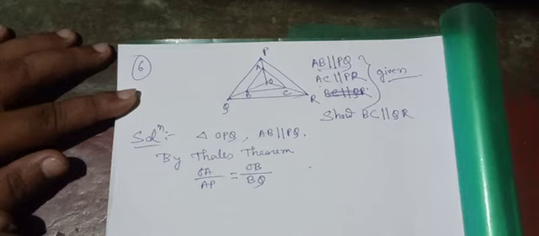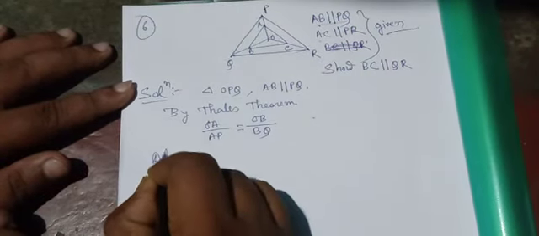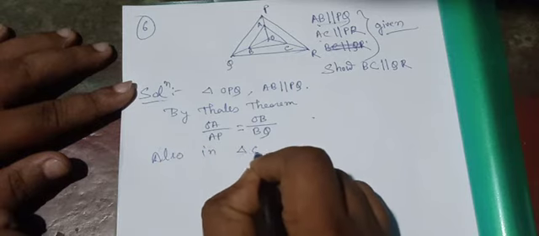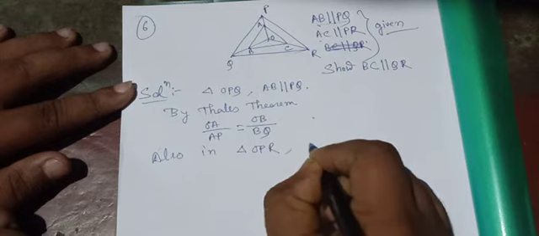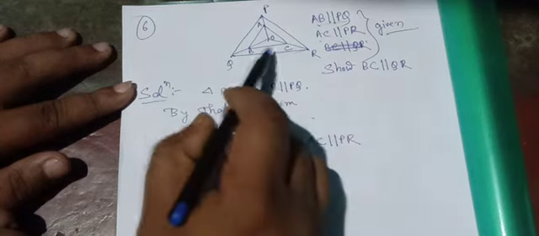Again, considering the triangle OPR, it is given that AC is parallel to PR.